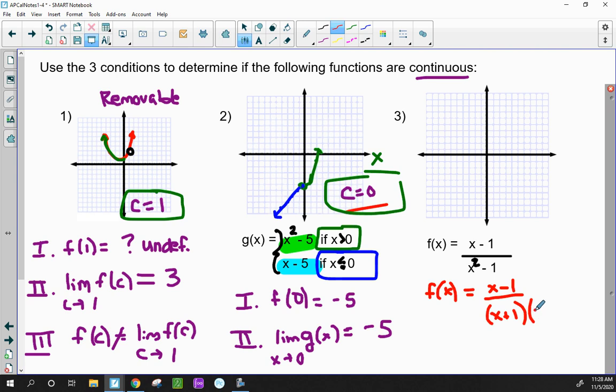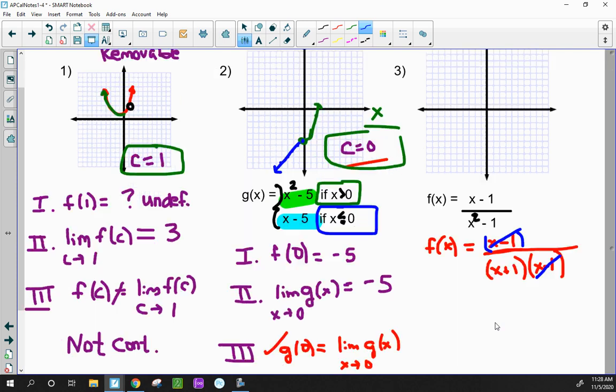I want to factor it out, basically, using difference of squares. The reason I want to do that is so that when we look at the numerator compared to the denominator, we notice that there is a factor on top, x minus 1, that will divide out, cancel basically, to be a 1. And so now, just because I've used a factoring skill, the problem looks different. It's more simplified. f of x is equal to 1 over x plus 1.